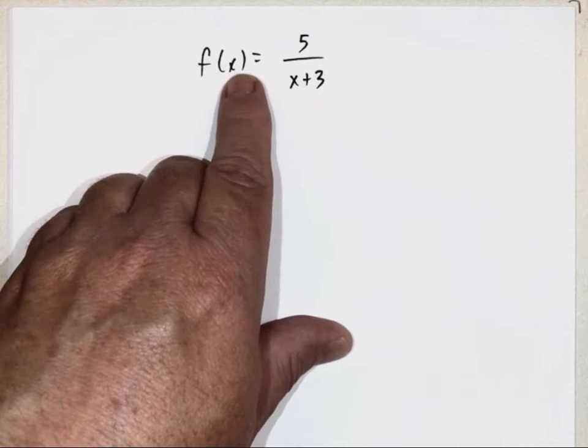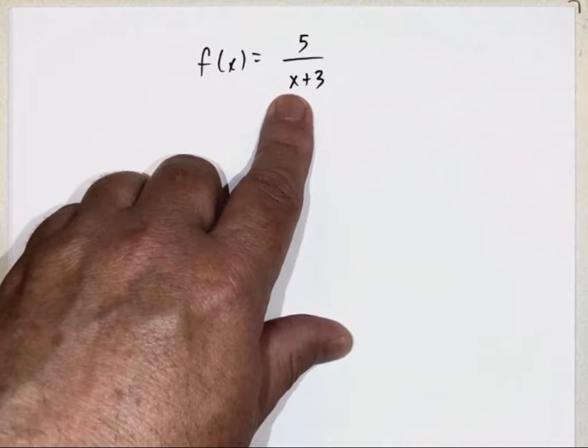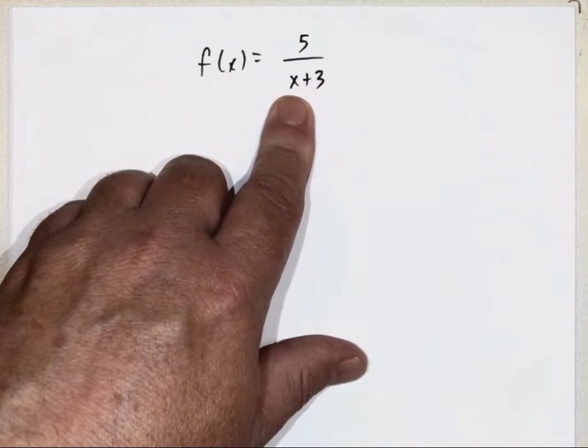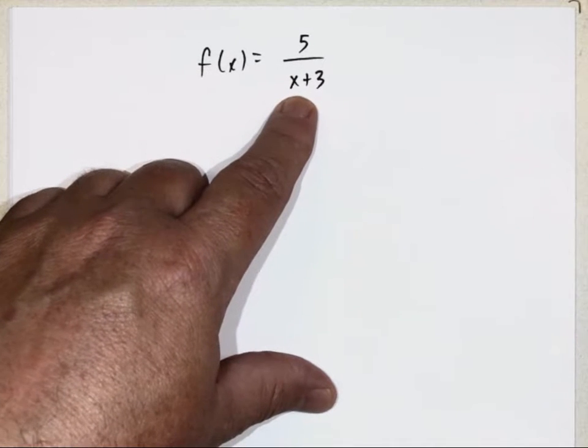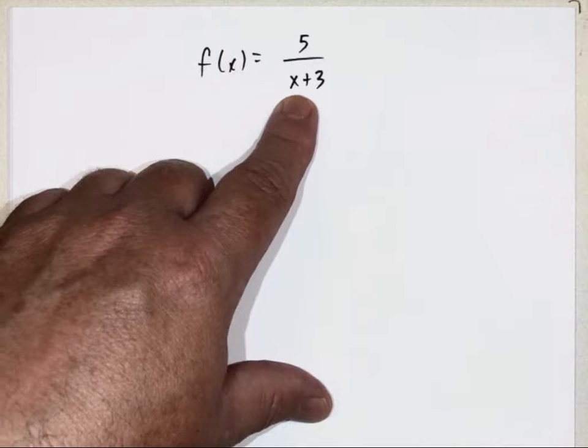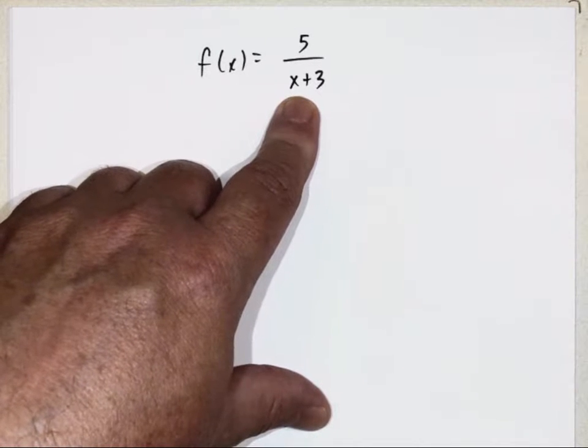So right now, the domain for this function is not going to be all real numbers. It's going to be affected because I now have a variable in the denominator of a fraction.